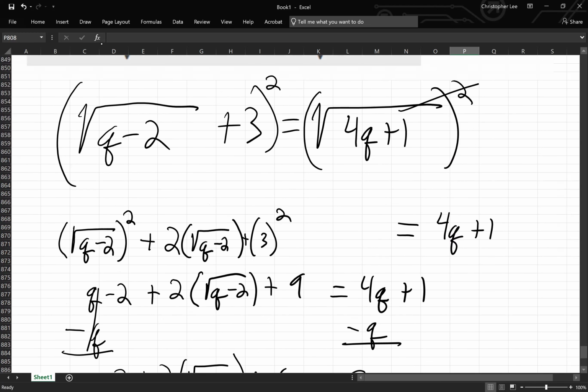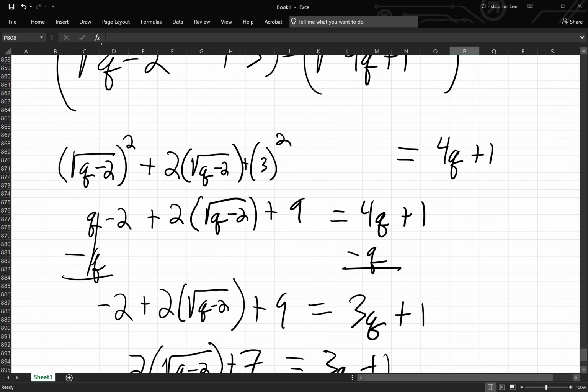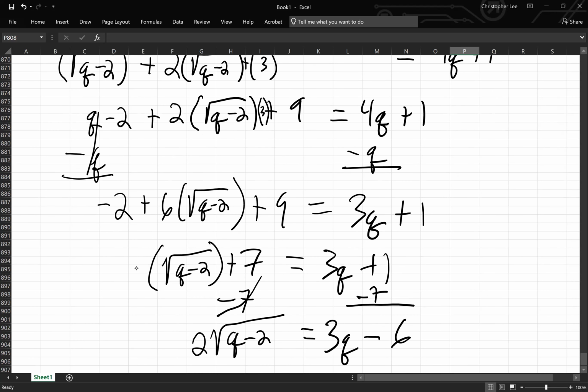Oh, it is. Oh, yeah, you're right. It is that. I missed the 3 right here. So this should be 6. Good catch. There we go.